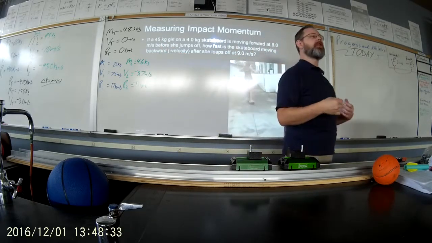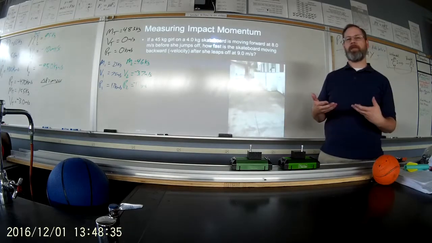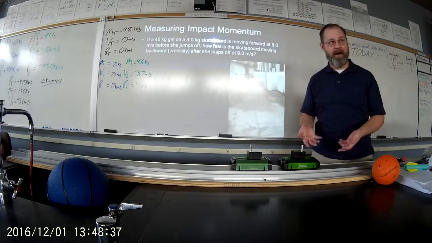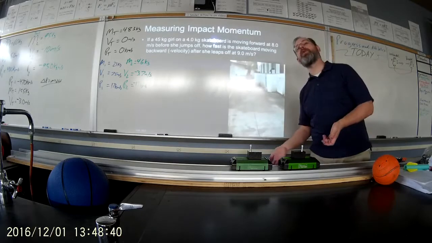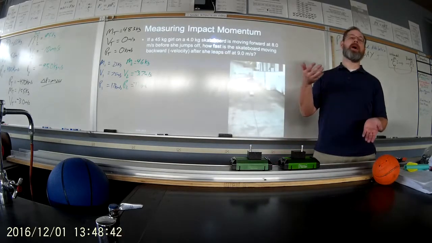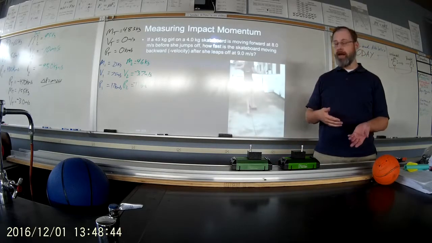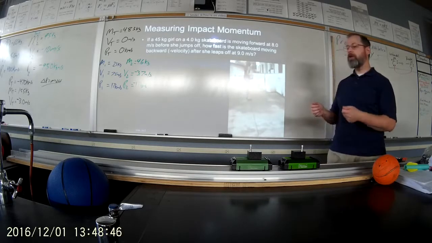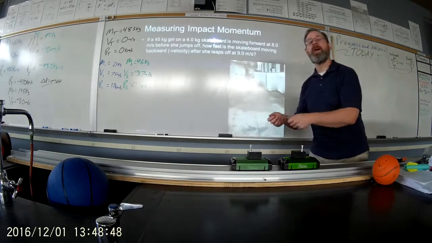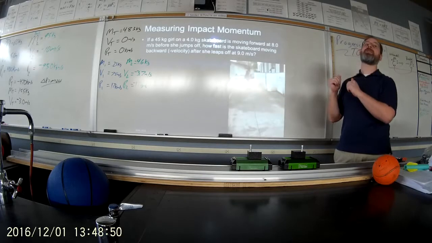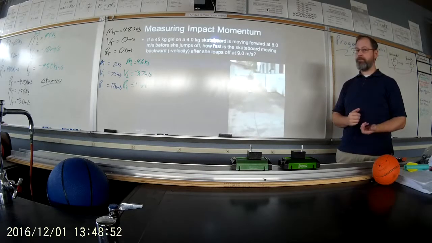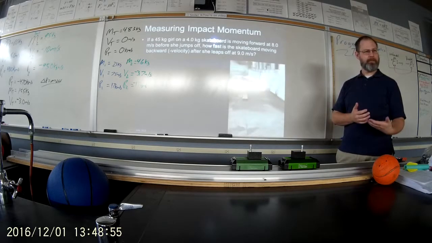So she increased her momentum by how much? 45. Which means the skateboard changed its momentum by negative 45. So if she goes forward at 45, that means the skateboard's going to change its momentum by negative 45. Does that idea make sense?